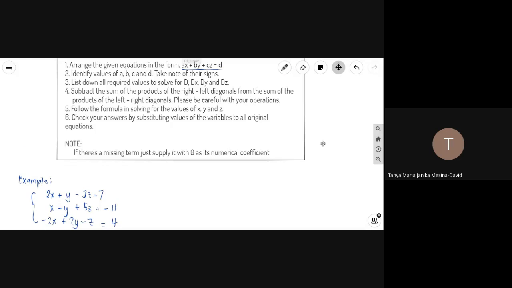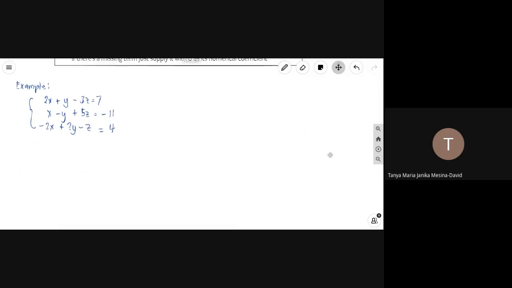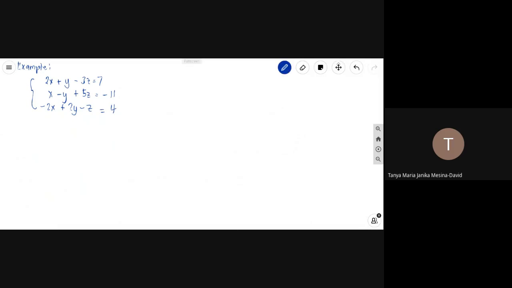Step two is we have to identify the values of A, B, C, and D, and take note of their signs. These values will form the augmented matrix. So we will now write this system of linear equations as an augmented matrix. All the A's will be written in one column, then all the B's, the C's, and the constants, or the D's.